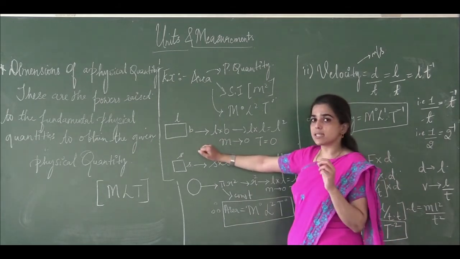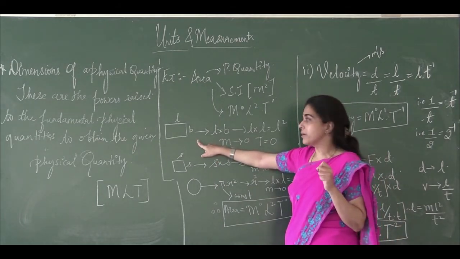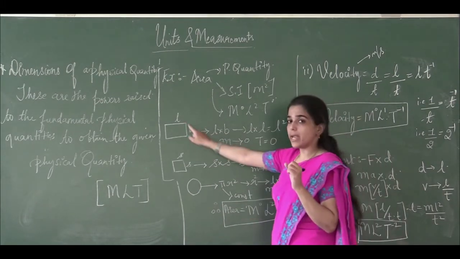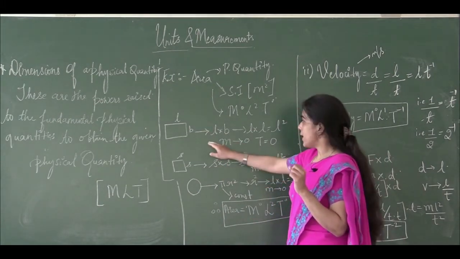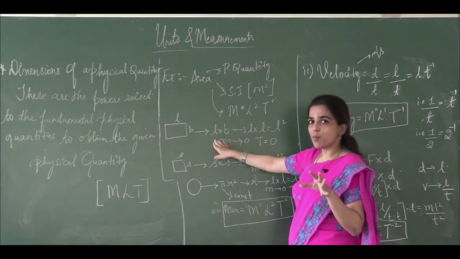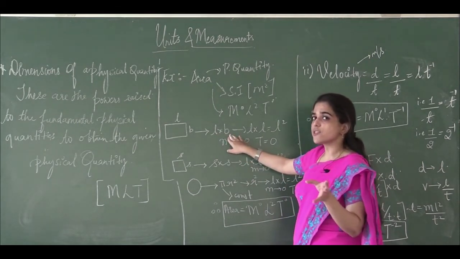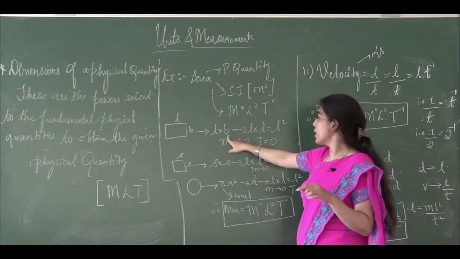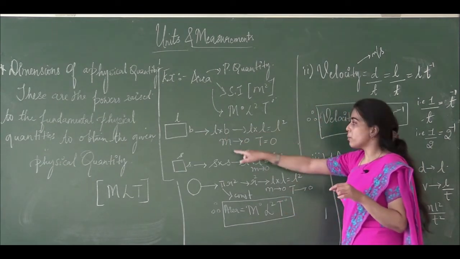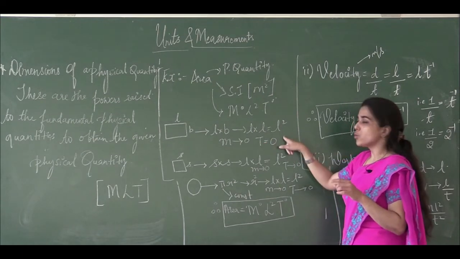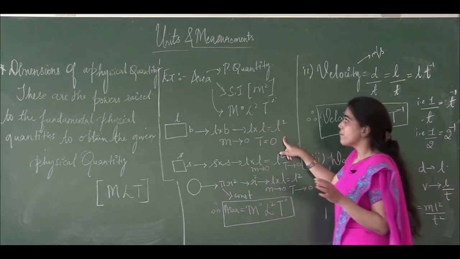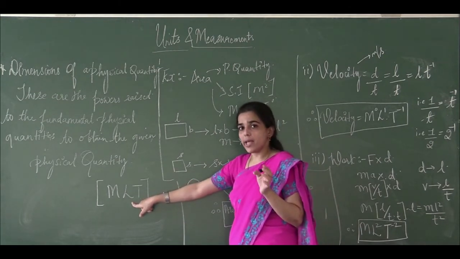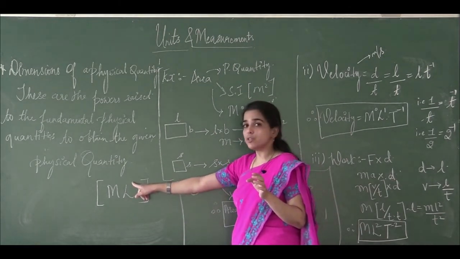Let us first consider a rectangle, where we know the area of a rectangle consists of length and breadth. Length is in the form of meters and breadth is also in the form of meters, so our breadth also becomes length. When you multiply L into L, you get length square, so in the dimensional formula our L will have the power 2.